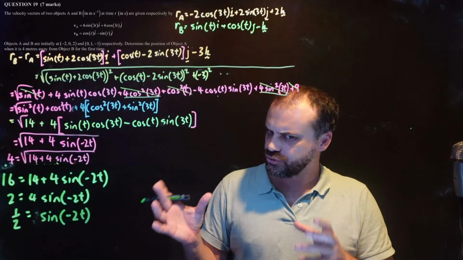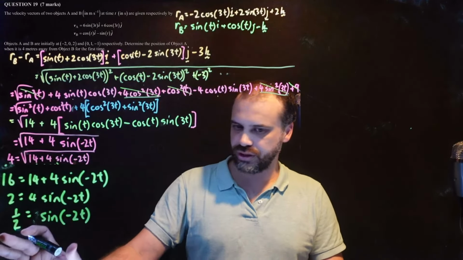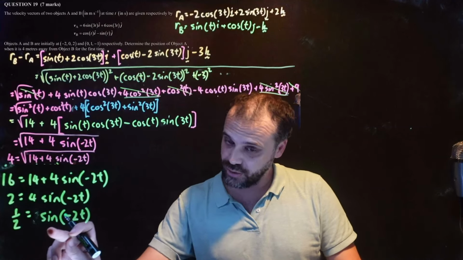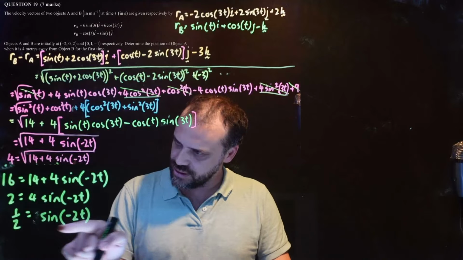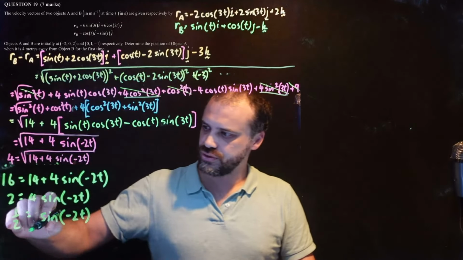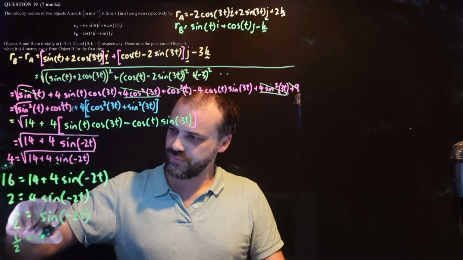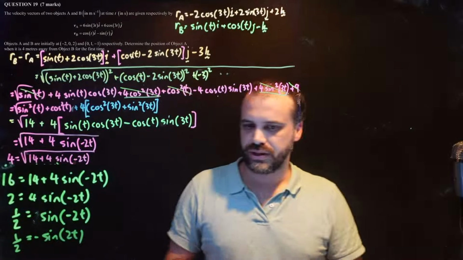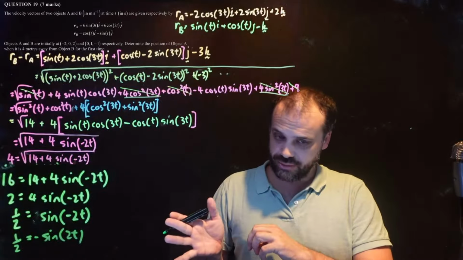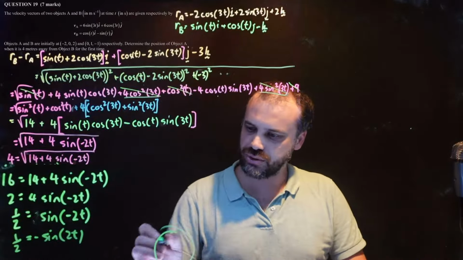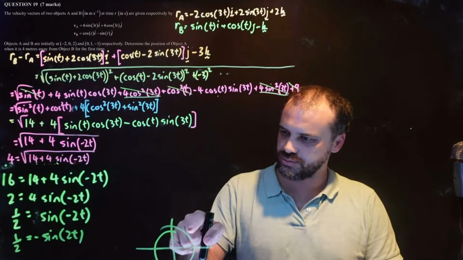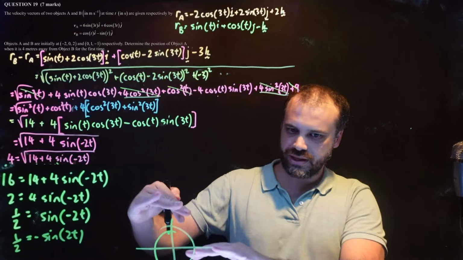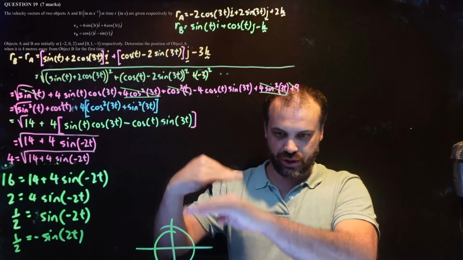Now a neat little trick you can do when solving this trig equation, because it's a sine equation: sine negative 2t equals 1/2 is the same as negative sine positive 2t equals 1/2. Don't try that with cos, it's not going to work, but it's because sine is positive here and negative here, and it flips over.